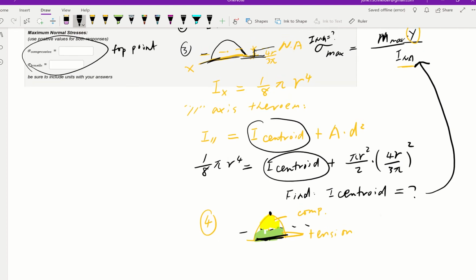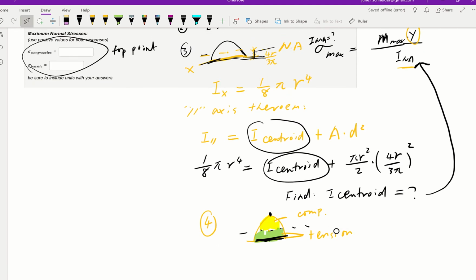Okay, so to solve the top one, sigma compression will be, we have this M max, which we already know, and I you just figured out for this semicircle, but this y will be from the neutral axis right here to the top. That's going to be your y. And what would that be?